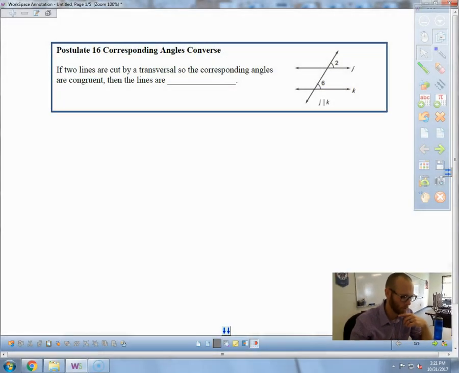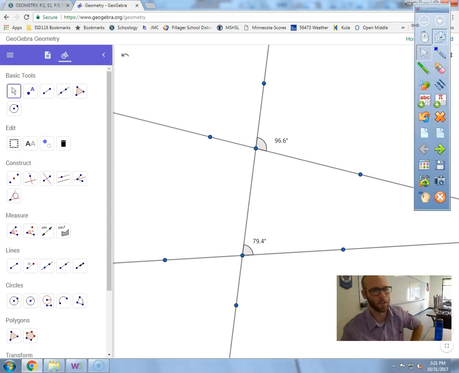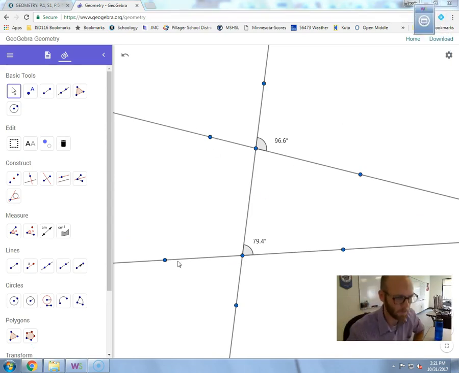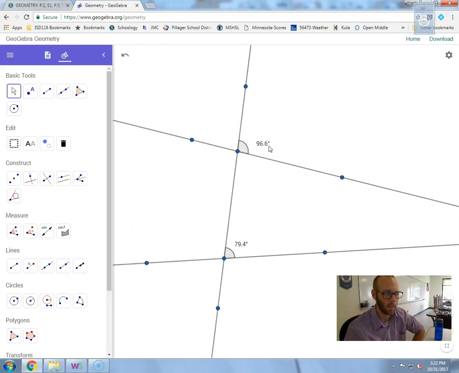Let me show you a little demonstration of that. I've got GeoGebra open. I have two lines and a transversal. These angles we would recognize as being corresponding angles. Are they congruent? No, they're not. Are the lines parallel? No, I see them intersect over here.